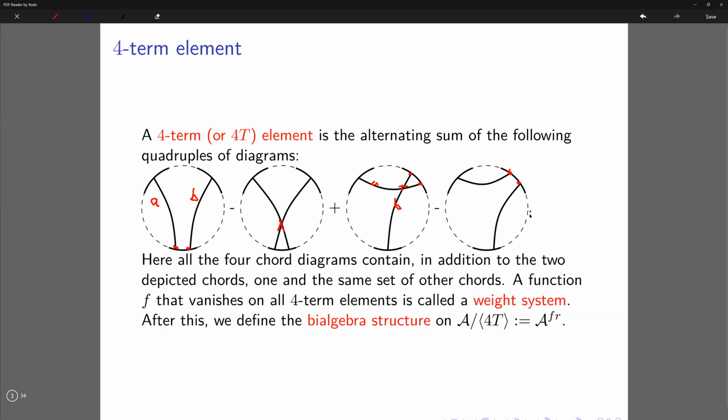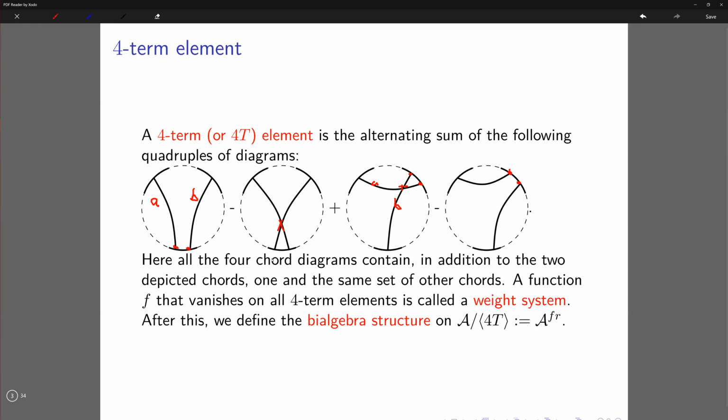This sum of these 4 chord diagrams is called the Fulton element, and this Fulton element equals 0. It's the Fulton relationship. And a function that vanishes on all these Fulton elements is called a weight system.